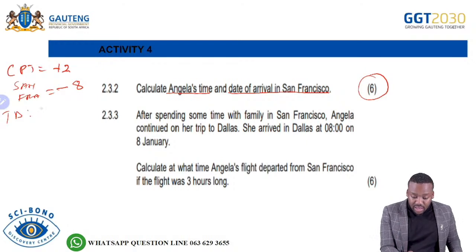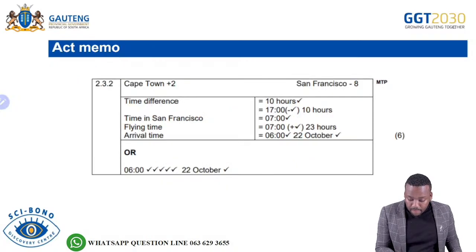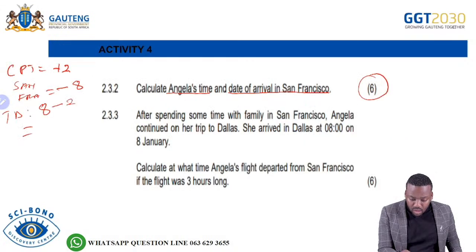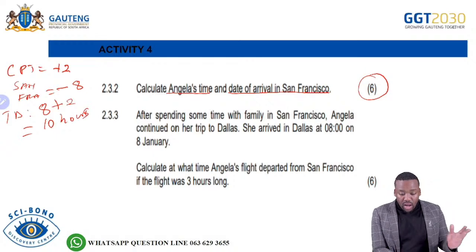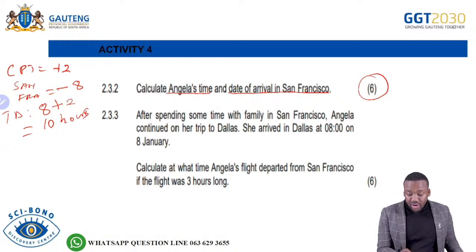Our signs are not the same, therefore we add them together. 8 plus 2, then we've got 10 hours. Meaning the difference between San Francisco and South Africa is 10 hours. Have you answered the question? Calculate the time and date of arrival.